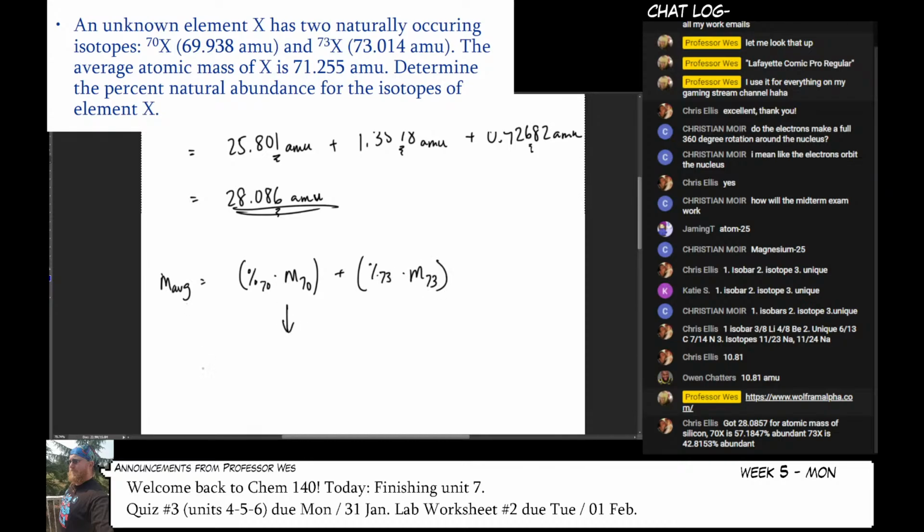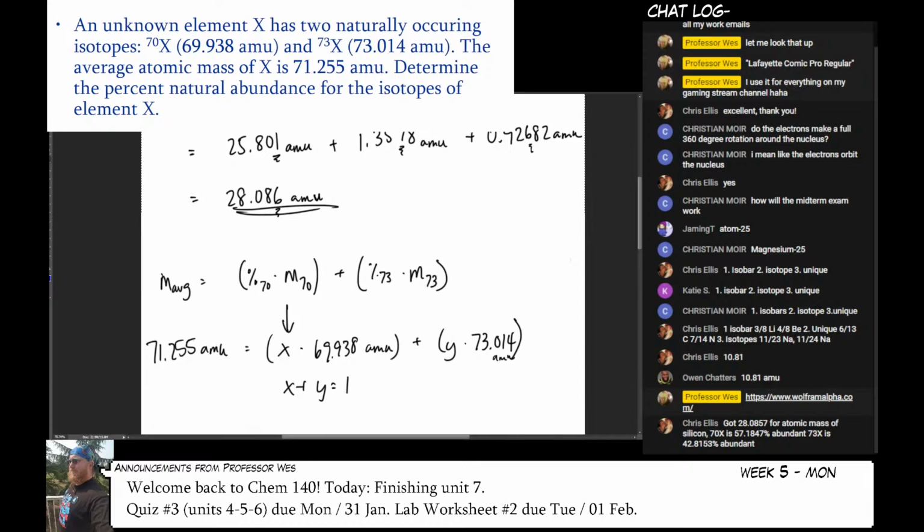And so with numbers, that would be 71.255 equals percent 70, we'll call that x, times the mass of 70, plus the percent of 73 times the mass of 73. And then, of course, this must be true.